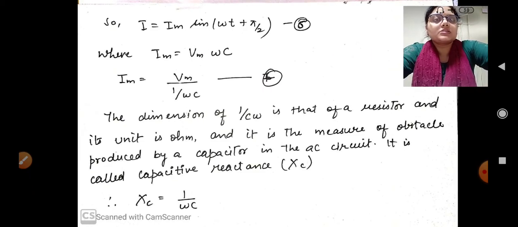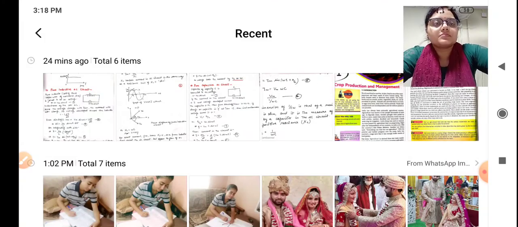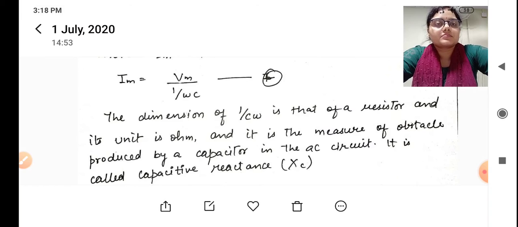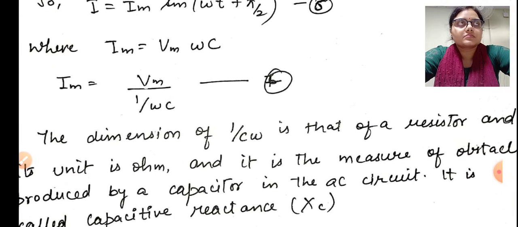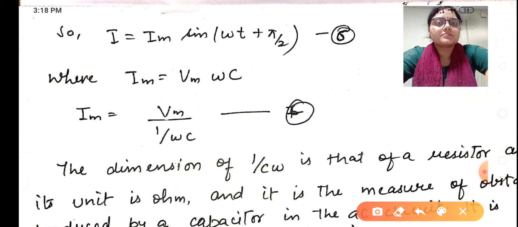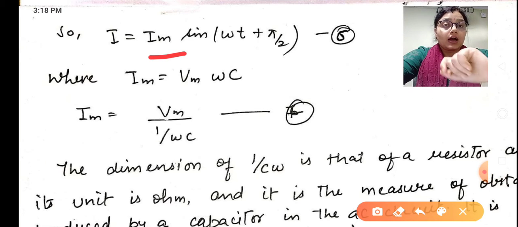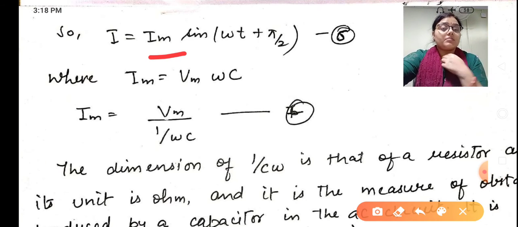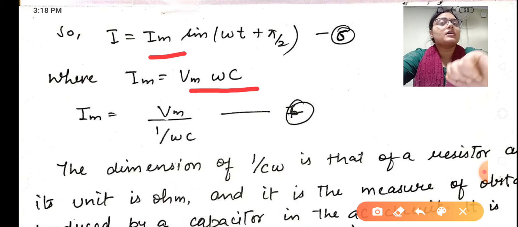So here I am putting the value, I is equal to Im. What is the value of Im over here? The value of Im from equation number 5, if we compare, is Vm omega C.